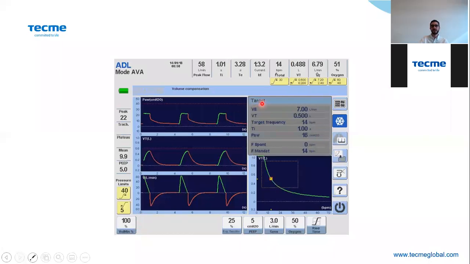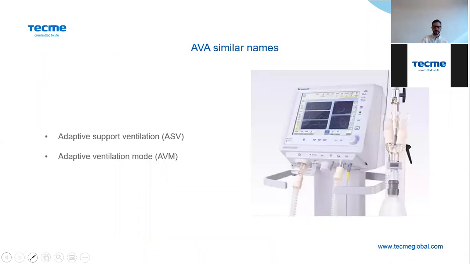Then it will calculate all these parameters automatically. You will have the standard graphics, pressure, volume, and flow, and also here the graphic that I showed you before. Again, this ventilatory mode is only available in adult and pediatric patient categories. Similar names for this ventilatory mode are adaptive supportive ventilation, ASV, or adaptive ventilation mode, AVM.